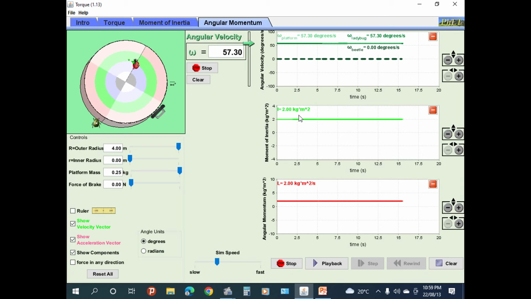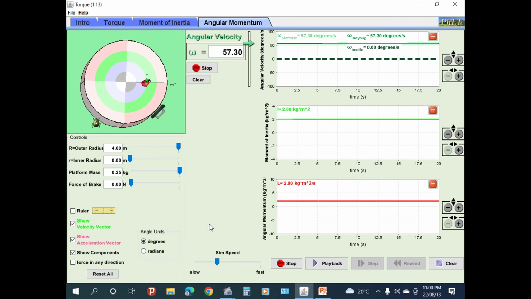So 2 kilogram meter square times 1 radian, that is 2 kilogram meter square per second. This is the angular momentum. So when no net torque is acting, the angular momentum is conserved, which means the initial one is equal to the final one. Here it is constant.